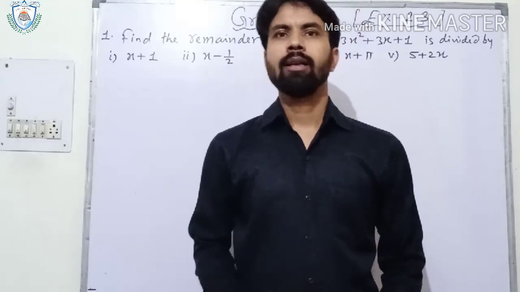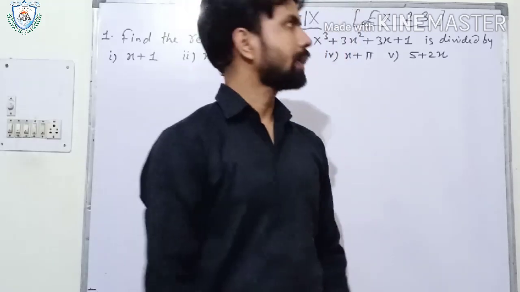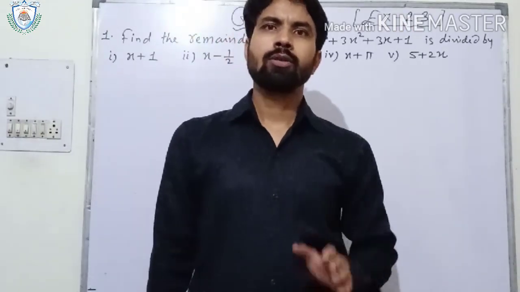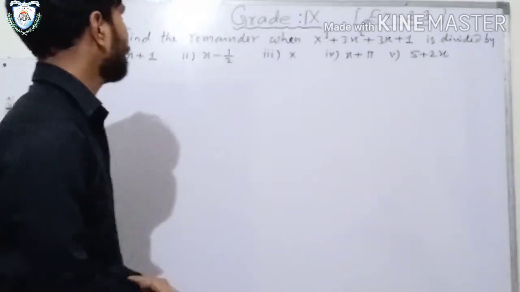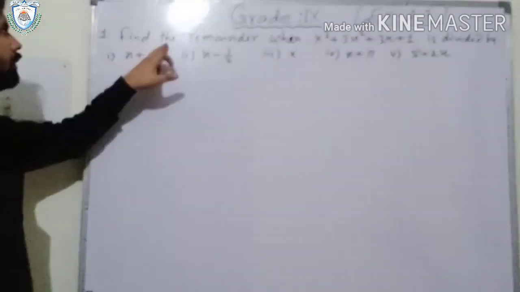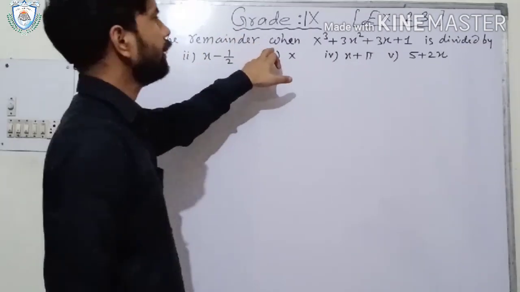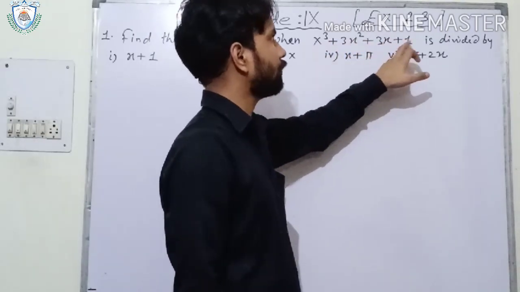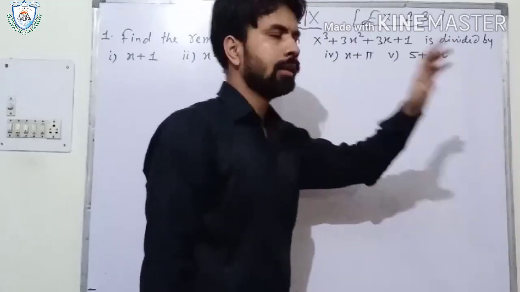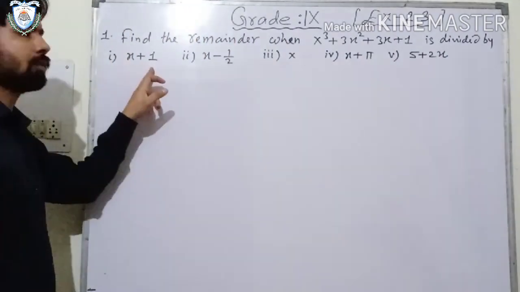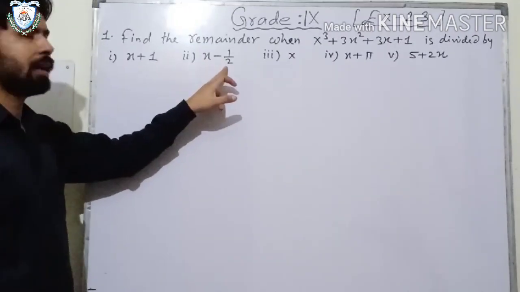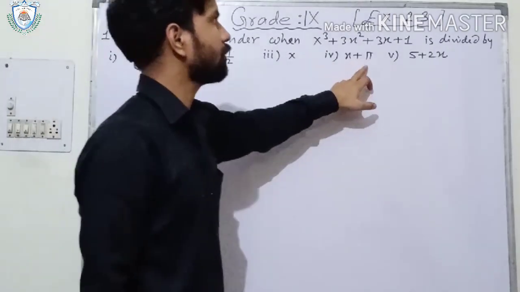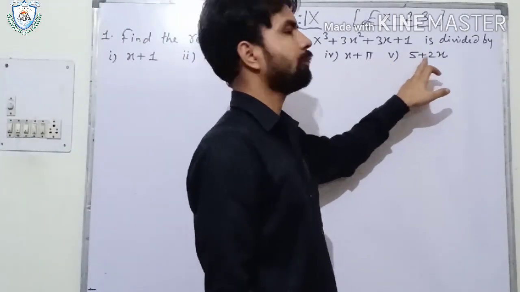Today I will explain exercise 2.3. The very first question of this exercise is: find the remainder when x cube plus 3x square plus 3x plus 1 is divided by, first part x plus 1, second part x minus 1 by 2, third part x, fourth part x plus pi, and last part 5 plus 2x.